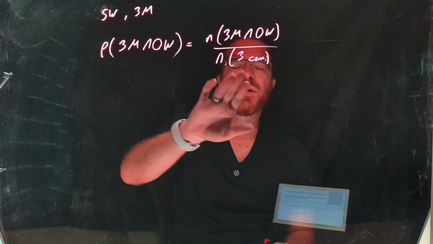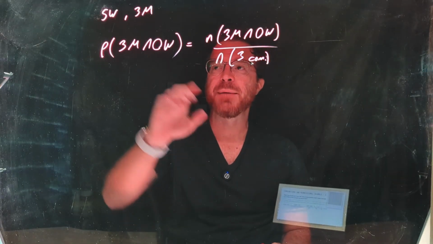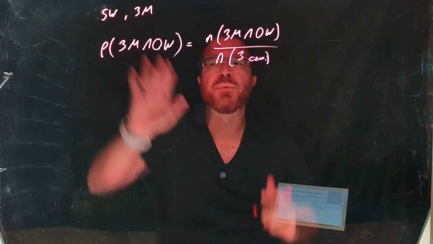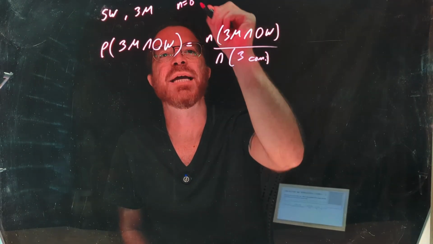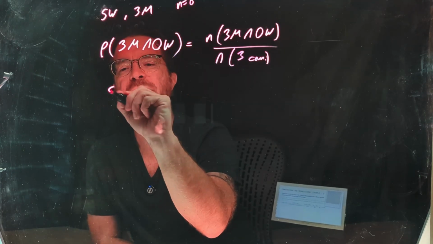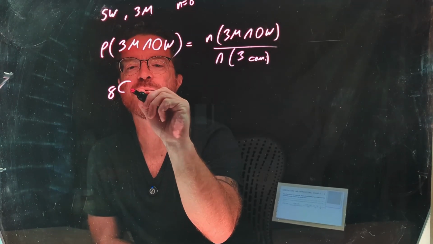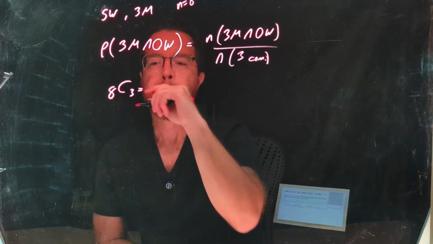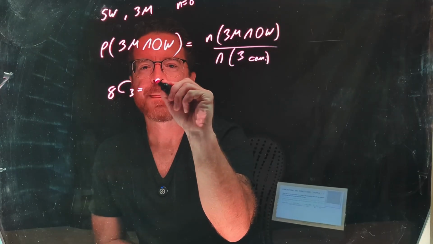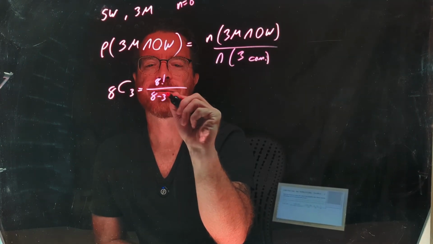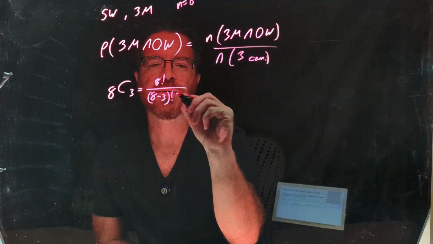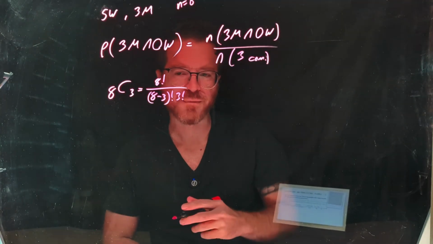First things first, let's figure out how many ways we can get that 3-person committee. In our group of total people, right, we have an n of 5 plus 3 equals 8. We want to say how many ways from these 8 people can I choose a 3-person committee. So this is going to be 8 factorial divided by 8 minus 3 factorial, 3 factorial.